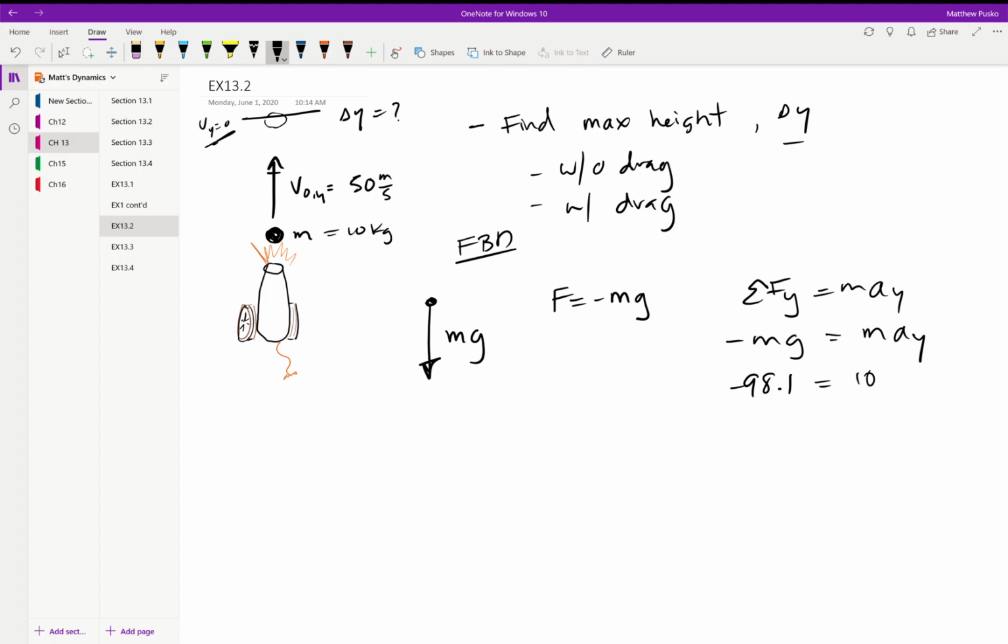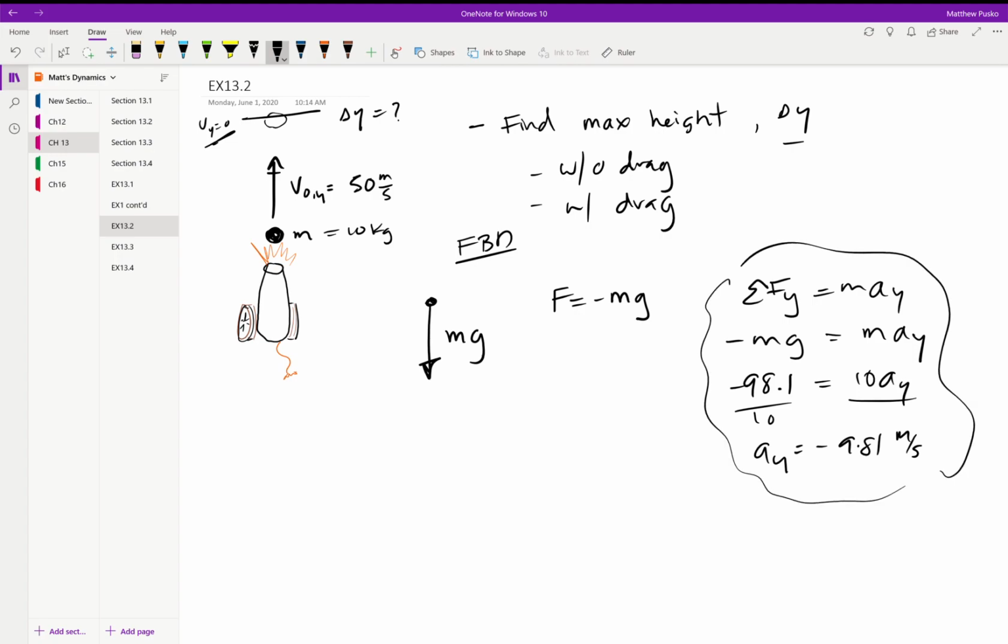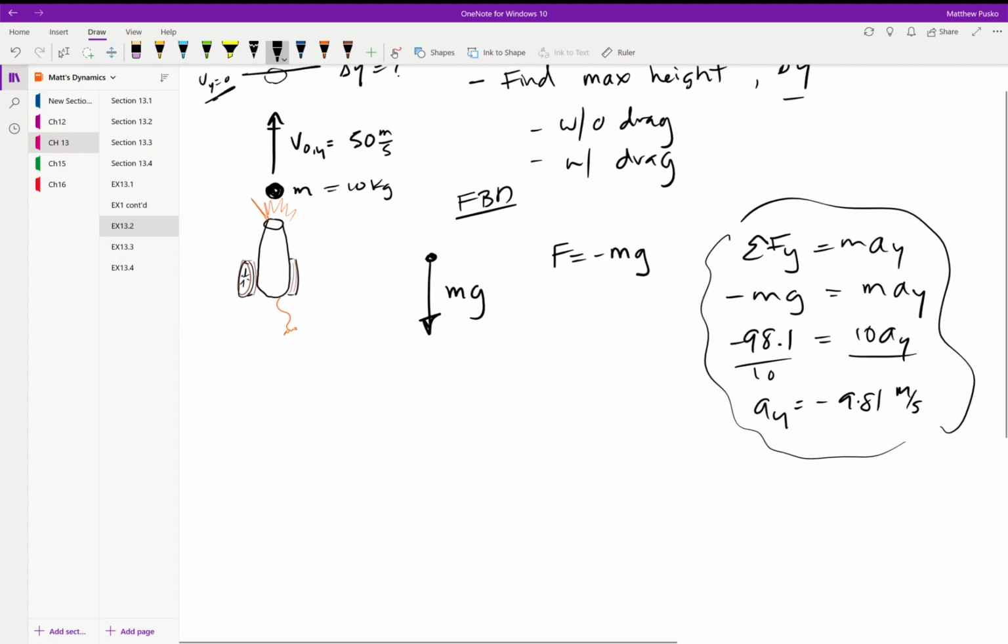That equals 10 times a_y. Divide back through by that 10, and the acceleration in the y direction we can verify is the acceleration due to gravity. So you don't have to do this. So let's use the fact that g is 9.81 meters per second squared, and it acts down.